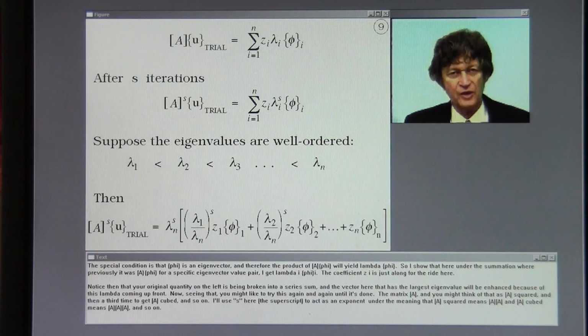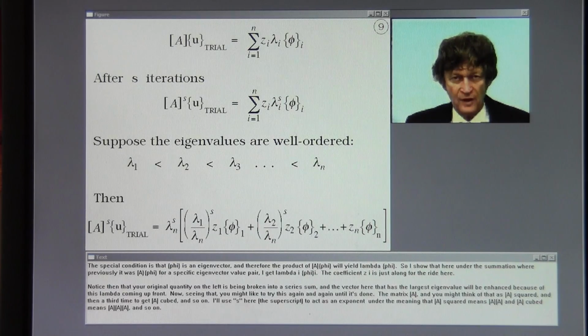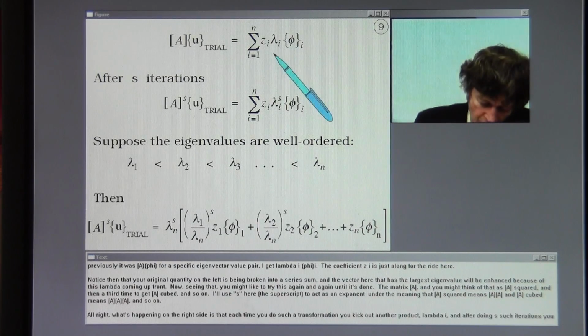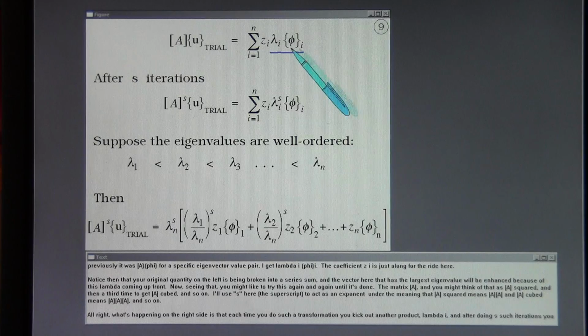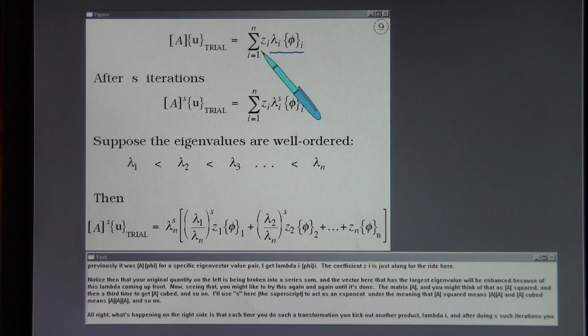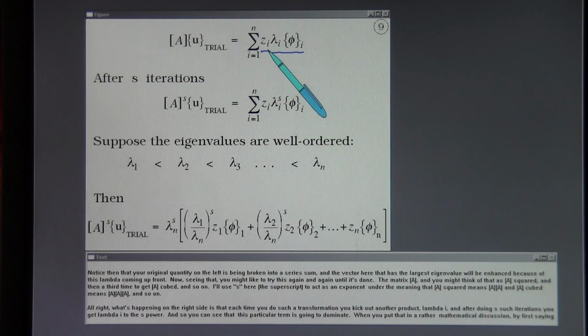The special condition is that phi is an eigenvector, and therefore the product A phi will yield lambda phi. So I show that here under the summation, where previously it was A phi. Now for a specific eigenvector and eigenvalue pair, I get lambda i phi i. The coefficient z i just goes along for the ride here.